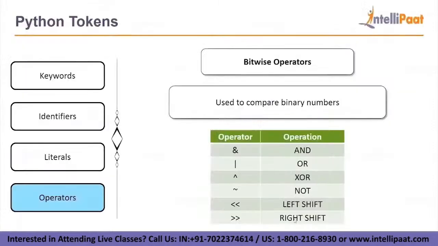Let's take a look at left shift and right shift. What left shift does is, let's say that I have a number like this and I want to shift it by 2. This number represents 1. Now I do a left shift by 2. This basically means that whatever number we have, shift it to the left.